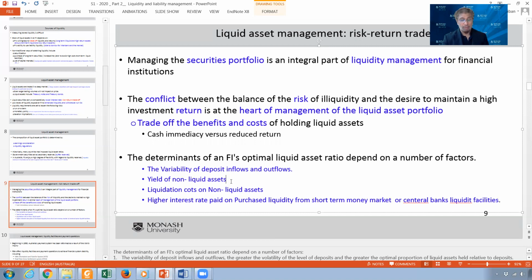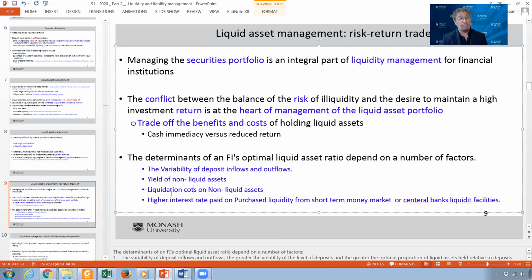So if the yield is high, high yield will decrease your liquidity holdings in the short term. The volatility I told you about will lead you to increase the liquidity. Here, it decreases the liquidity in the short term.